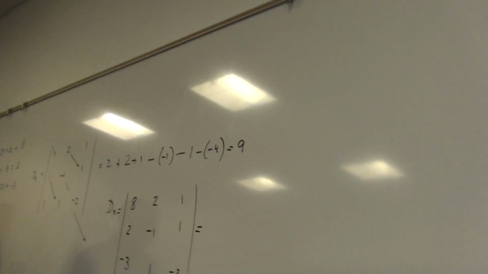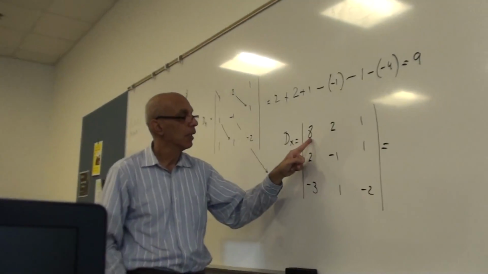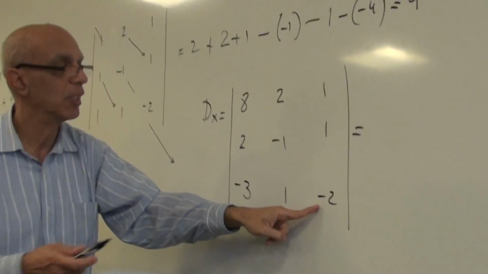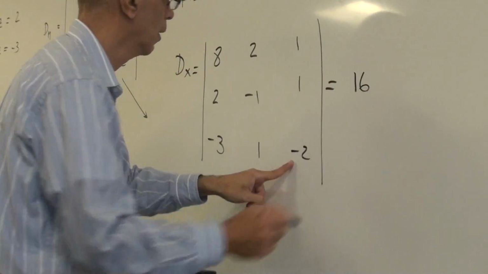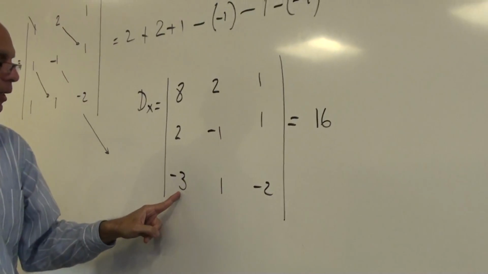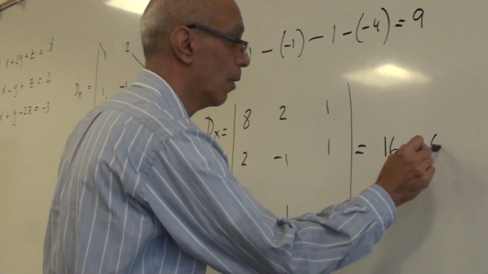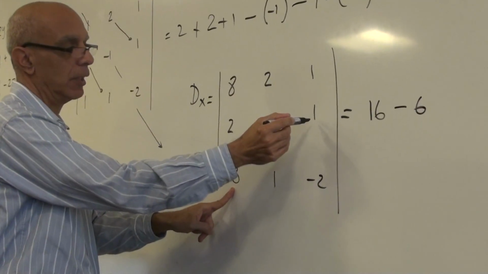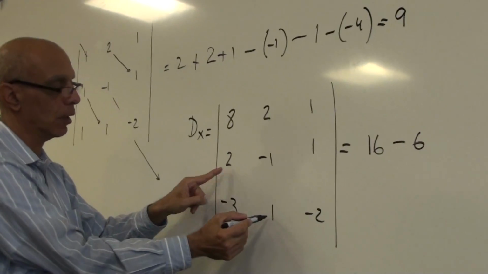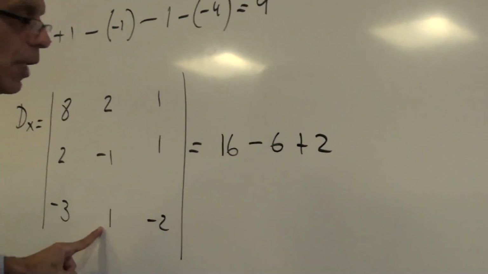So now we're going to calculate the determinant here, right? So it's going to be 8 times negative 8, and this is going to be positive 16. Now, 2 times 1 is 2, times negative 3 is negative 6, right? Positive 2, the negative 3 is negative 6. Now, this is positive 2, and this is also 2, okay?